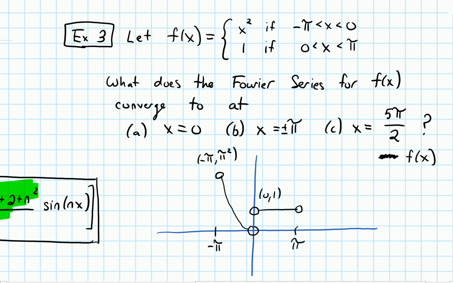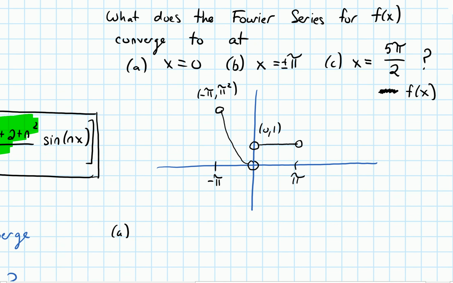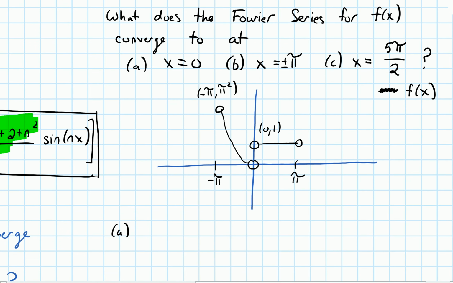Okay, so now let's start to answer the different parts of this question. Let's start with part A. What is the Fourier series going to converge to at x equals 0? I'm going to use my notation, fs subscript f of x, and then I'm going to plug in 0.